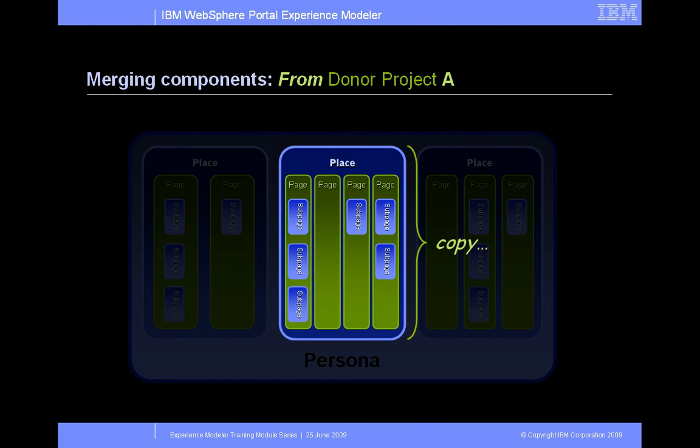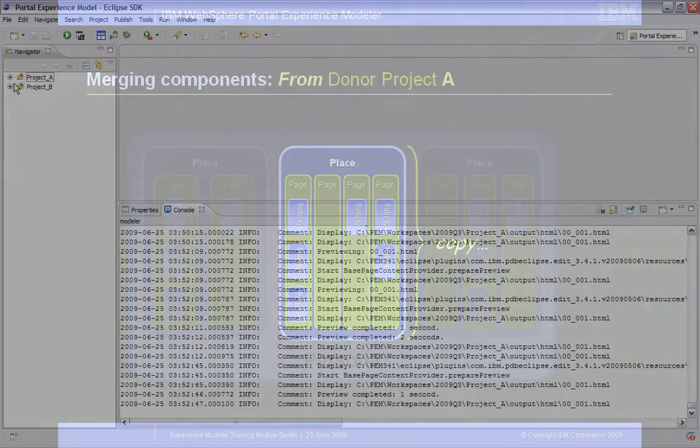Copying an element gathers it and all of its child pages and all of the content on every page in the subtree.